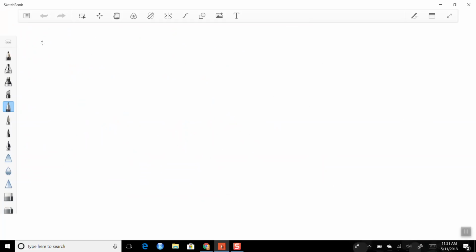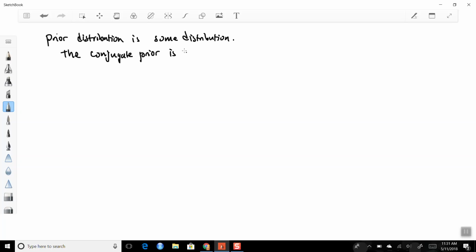Okay, and then in our case, we have the prior distribution. It could be really anything, some distribution. And in our case, if we want a conjugate prior, the conjugate prior is the beta distribution.